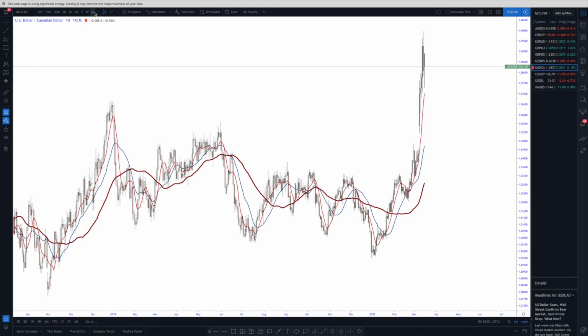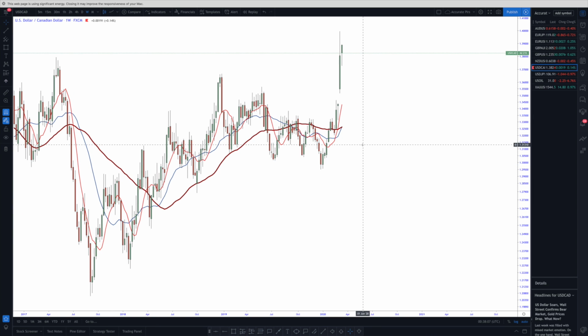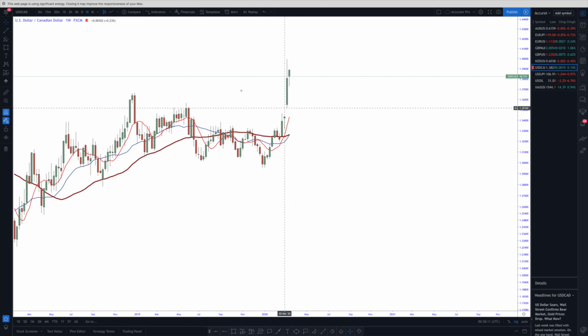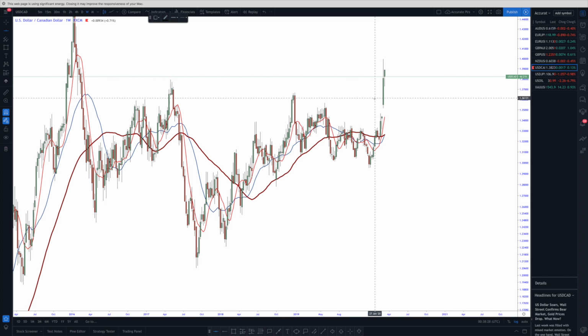CAD's been pretty tricky in the last few weeks. So let me see if I can find any major support and resistance levels. Those levels here, nope.